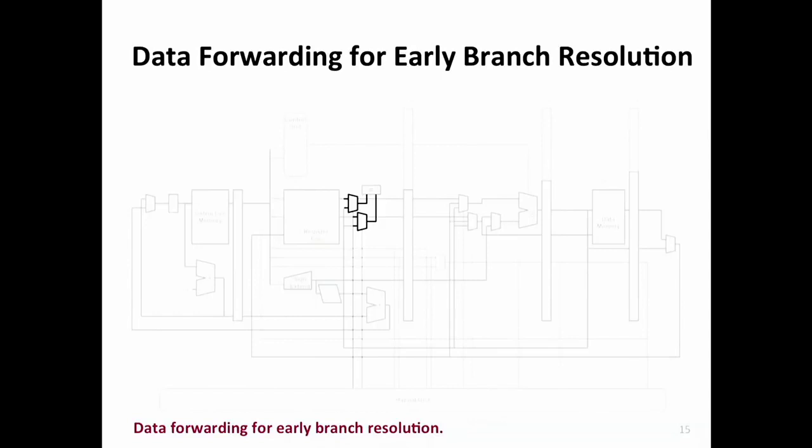Well, this stage you don't need, because we assume that whenever you write to the register file, you write in the first half of the clock cycle, and whenever you read in the second half of the clock cycle. Again, which may or may not be a good idea also, depending on your critical path. Does that make sense? So as you move computation early, you need to move the data forwarding logic early also. So if you want to keep the pipeline moving, otherwise you may not get the full benefit of doing the branch resolution early.